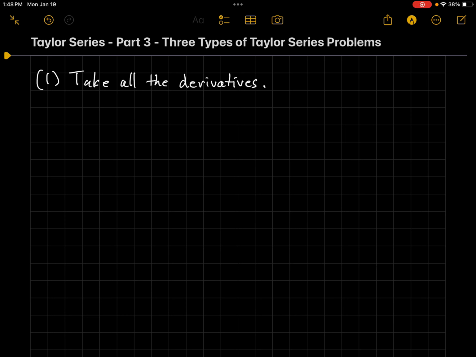We saw that when we found the Taylor series centered at 0 for sine of x. For this example, let's look at f of x equals the square root of 1 plus x, centered at or about x equals 0.